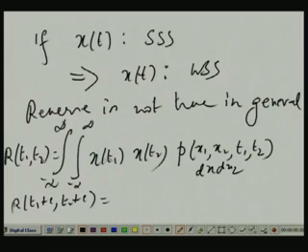You can just replace with x of t1 plus c, t2 plus c. Now, since it is strict sense stationary, P of x1 comma x2 at t1 plus c, t2 plus c is the same as P of x1 x2 at t1 t2. And it does not matter whether it is x of t1 or t1 plus c, t2 plus c, because I am taking these variables over the entire range, minus infinity to infinity. So, you will get the same thing. So, this will be equal to this. Are you following this?